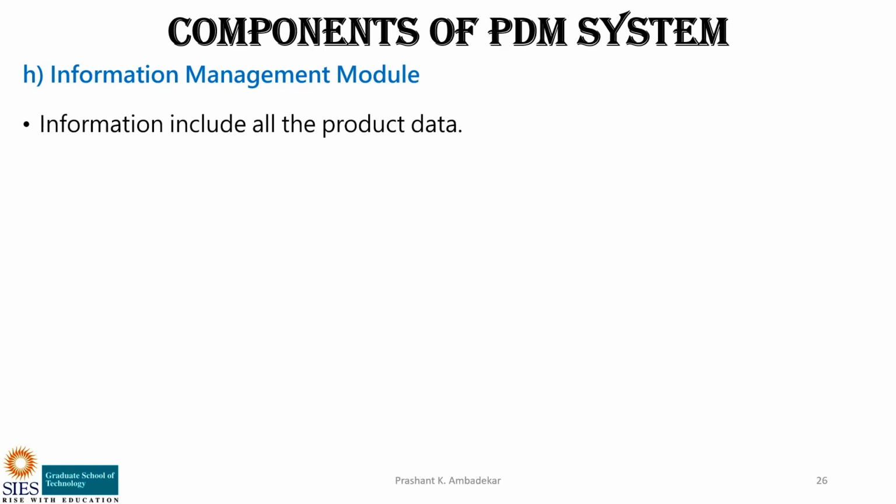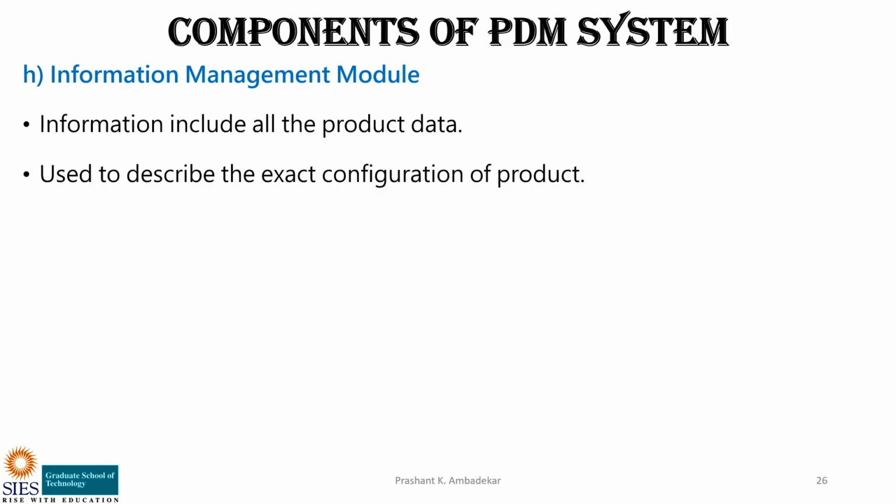This component will include information such as specifications, drawings, lists, programs, reports, and also the maintenance manuals. The information management module is used to describe the exact configuration of a particular product throughout its life cycle.